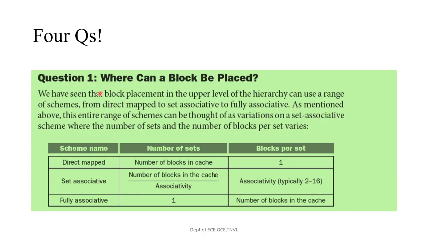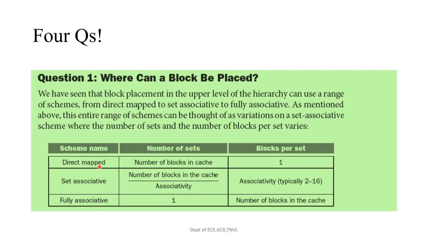So these are the 4 Qs that we have discussed in the previous lecture as well as in this lecture. Question 1, where can a block be placed? According to the scheme, the placing of the block changes.